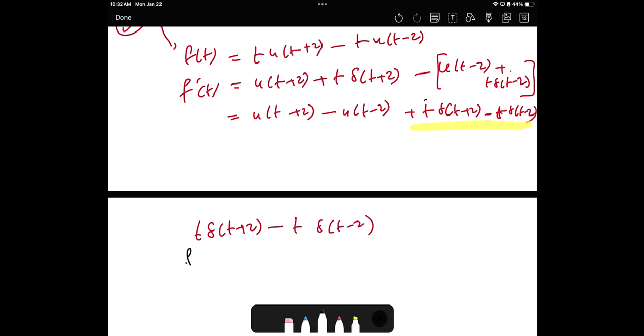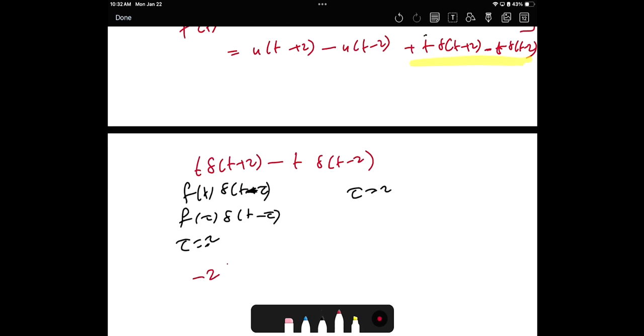This is similar to f of t times delta t plus tau, or we say like minus tau, so we will substitute, it will be f of tau delta t minus tau. So basically, tau here equal to negative 2, here tau equal to 2, so it will be negative 2 delta t plus 2, then minus 2 delta t minus 2.